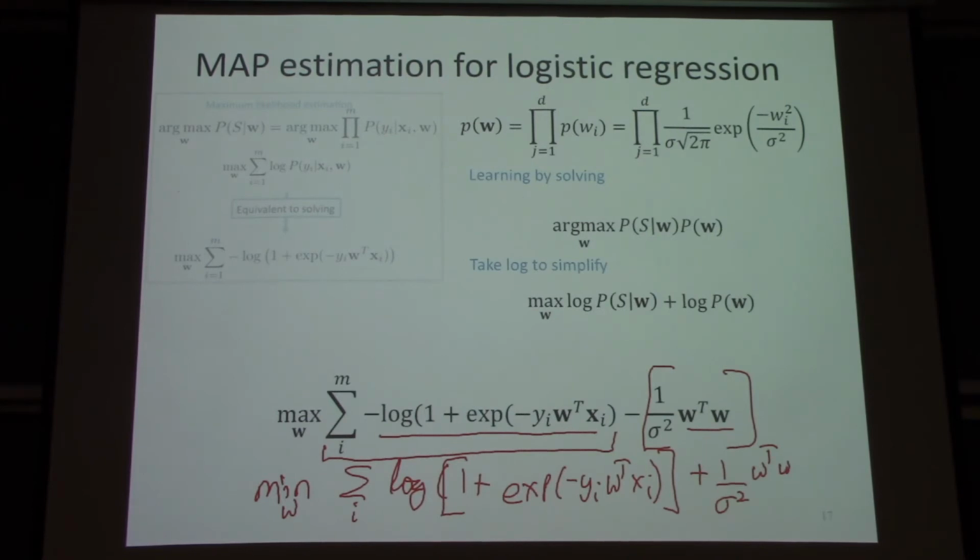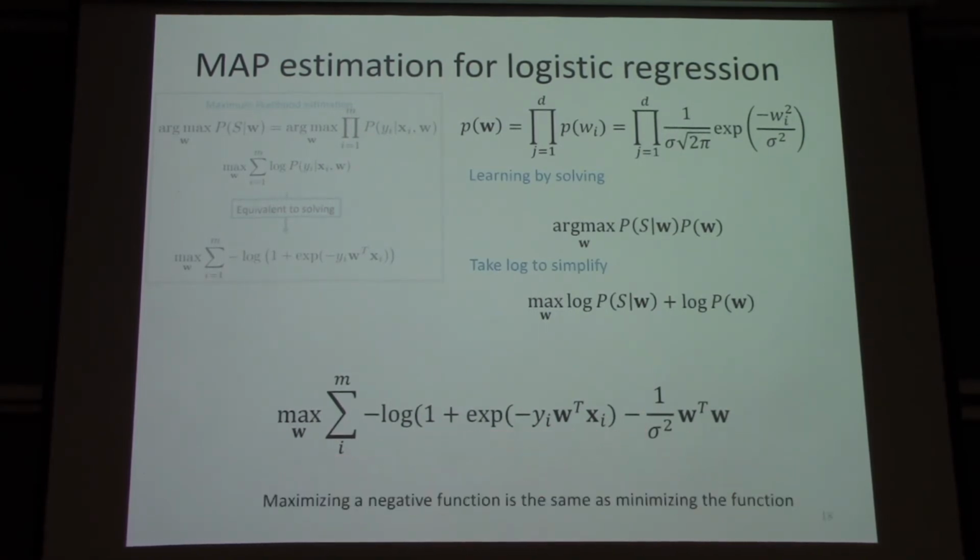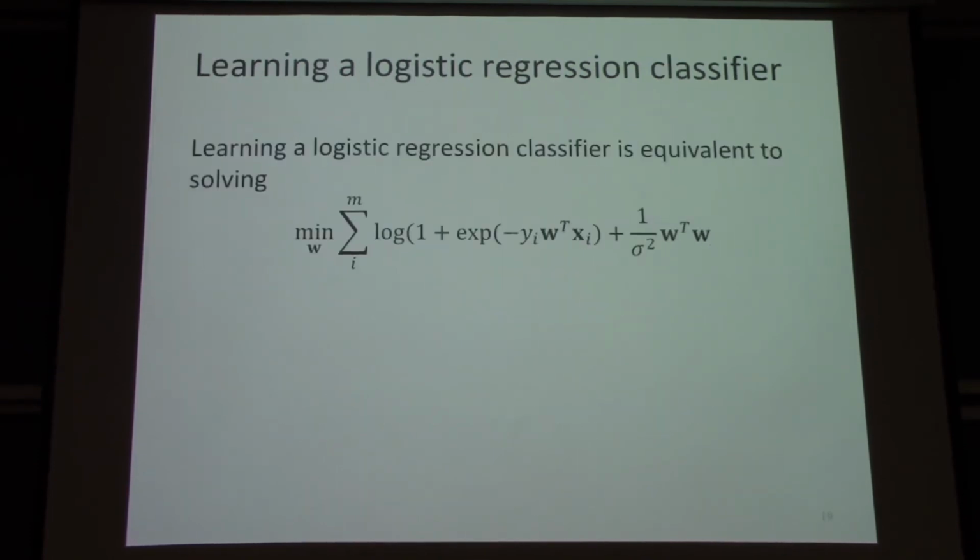So I just remove the negatives and I have this minimization problem of two terms. Maximizing is the same as minimizing. So learning a logistic regression classifier under the MAP criterion is equivalent to solving this minimization problem.